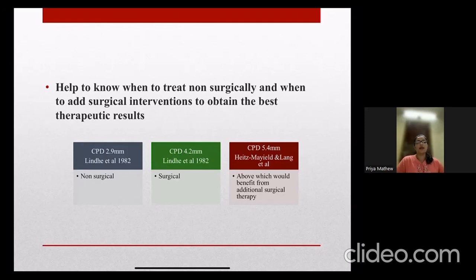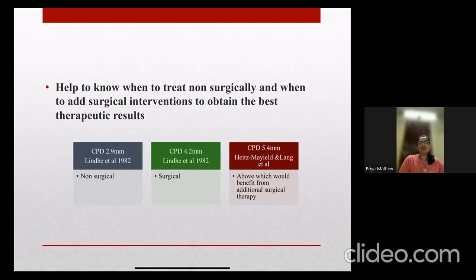Now, recently, Haynes, Mailed, and Lang et al. have mentioned the critical probing depth of 5.4 mm. Above this level, it is very beneficial if we do a surgical treatment. So, rounding it off, a pocket depth above 5 mm is considered a definite indication for surgical treatment.